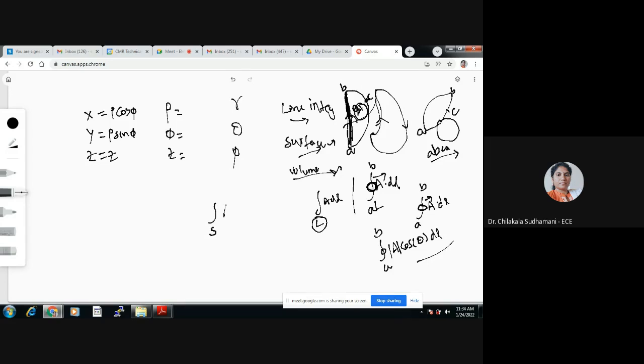For the surface integral, I am considering vector A. Here the length is dl, but the surface is ds. The surface area is represented with the integral of ds. And one more parameter you have to consider here: an cap, an bar. I consider an bar to show in which direction it is flowing. What is the total field strength which is flowing? That you have to mention.